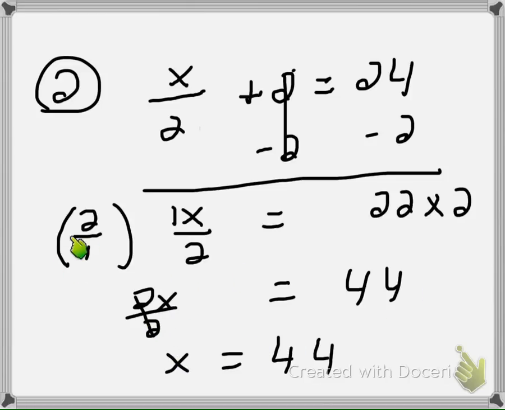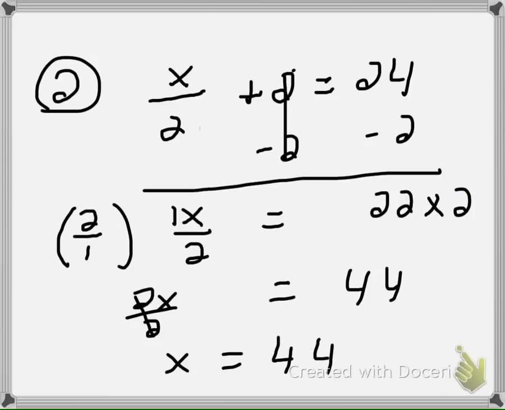Well, if I multiply this side by 2 over 1, I have to multiply this side by 2 over 1. Well, why didn't I write the 1 underneath the 2 on this side? Because 2 over 1 is still just 2. It's just equal to 2.